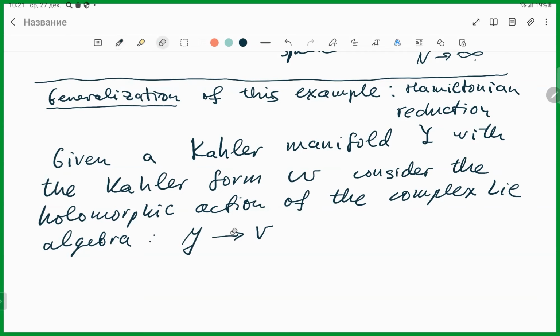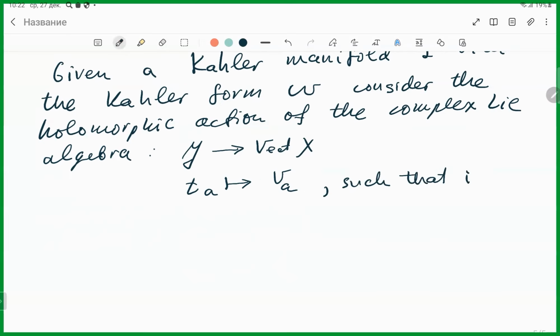I'll write it like this. Such that it preserves a Kähler form.